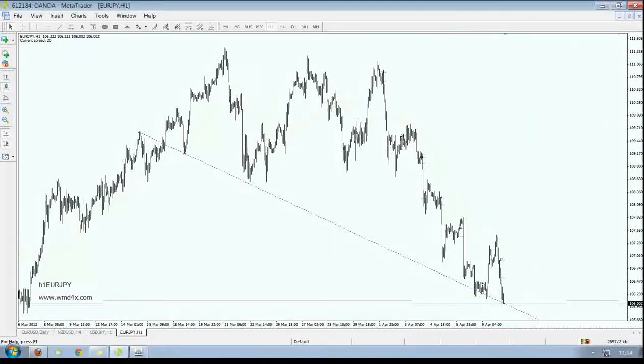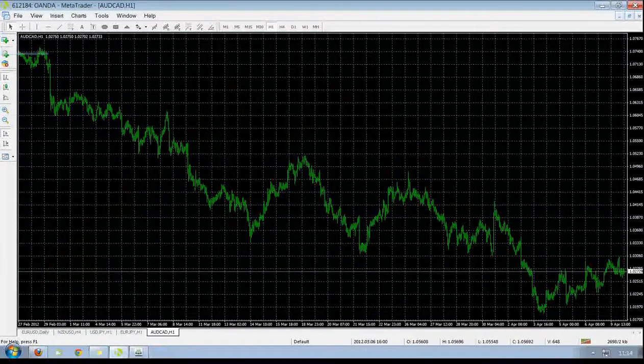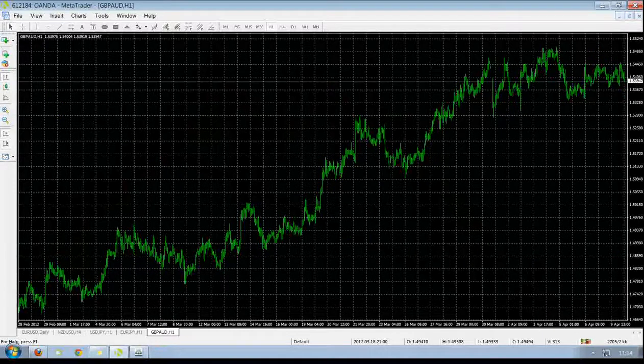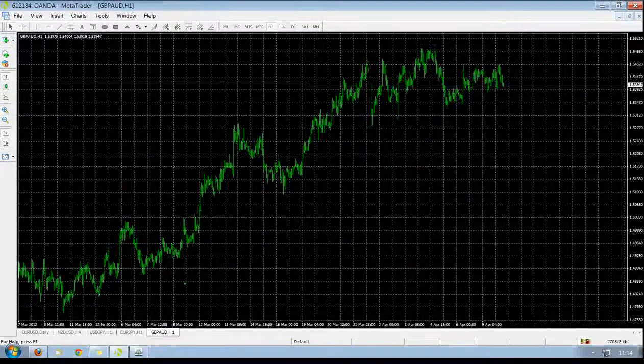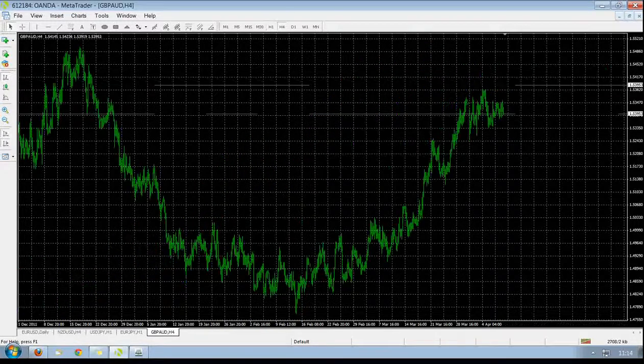Another example which I can give you is, let's have a look at GBP AUD. All right, GBP AUD, this is something which we looked at maybe at the beginning of last week or before, but let me first find what I'm looking for, right?